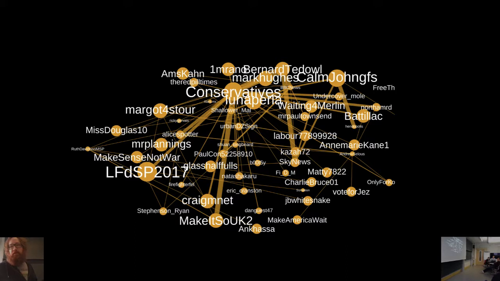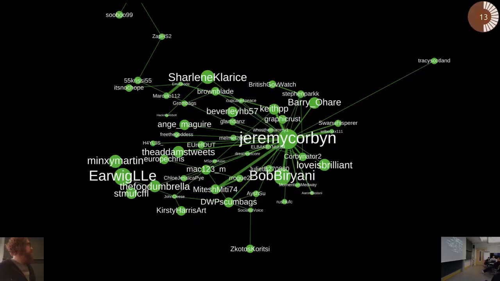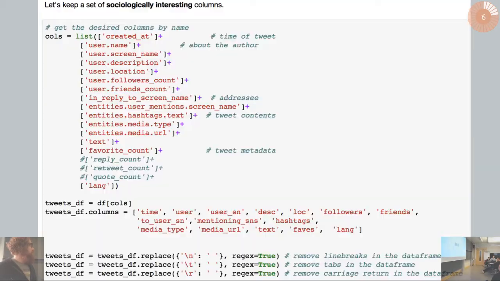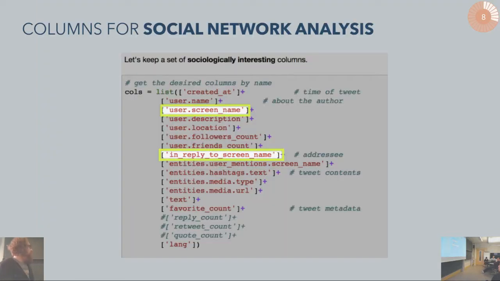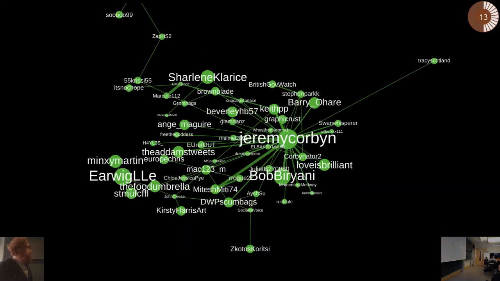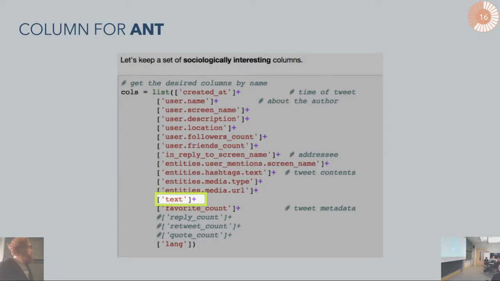So you can see how different attributes that we can also enter manually from this list or other sources matter: is it the fact that users who post the most hashtags are the most influential, or is there a relationship between sharing many links and getting a central position? Yes, links are important in the Labour camp, but not among Conservatives. Depending on your research question, you can move forward in that manner.